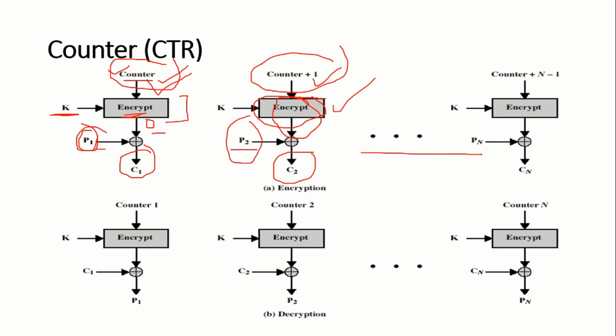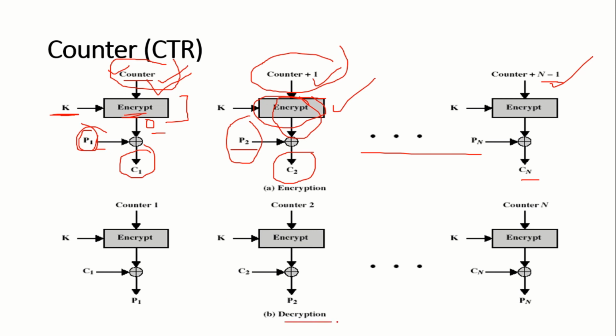And this process goes on until we reach the last plain text block, right? So the total number of counters we'll be having is n, right?